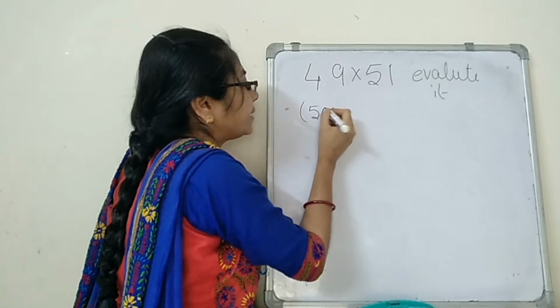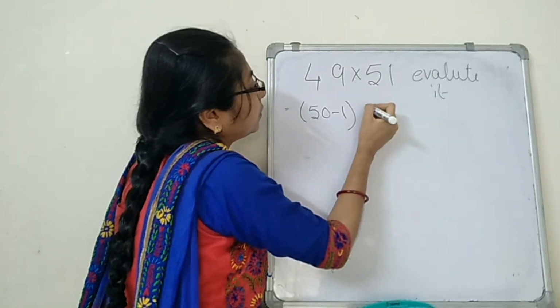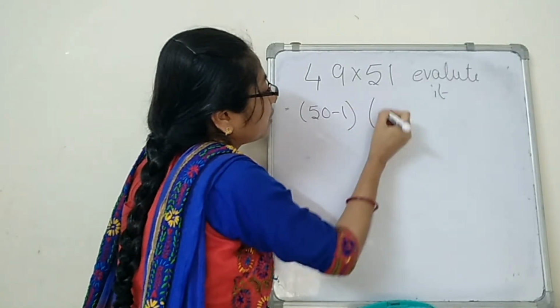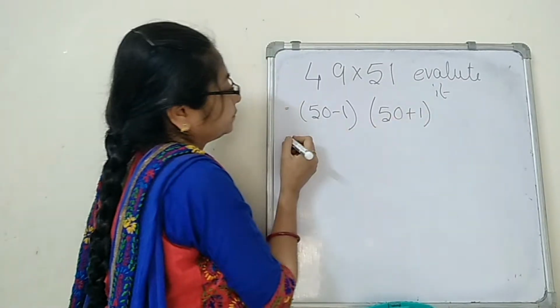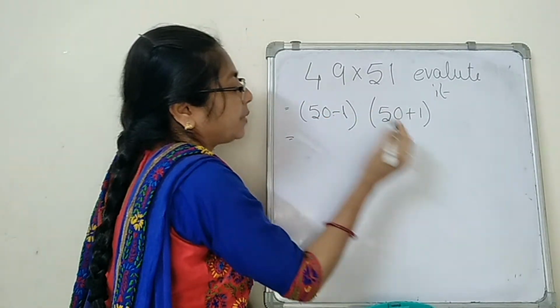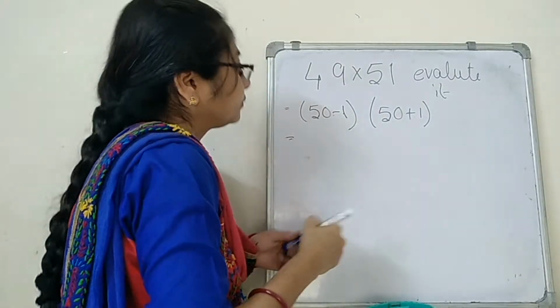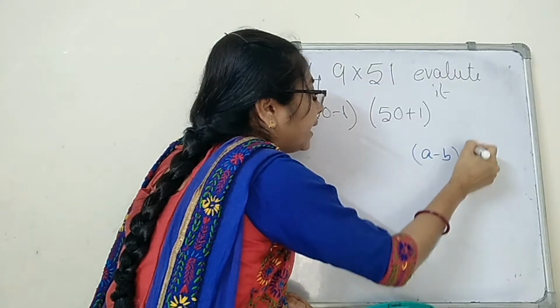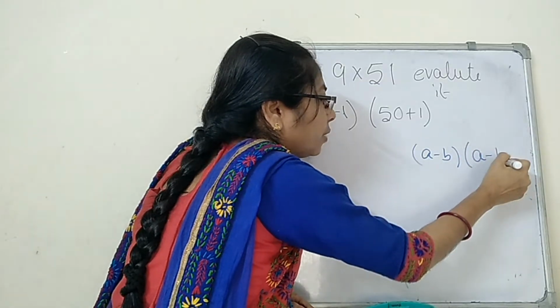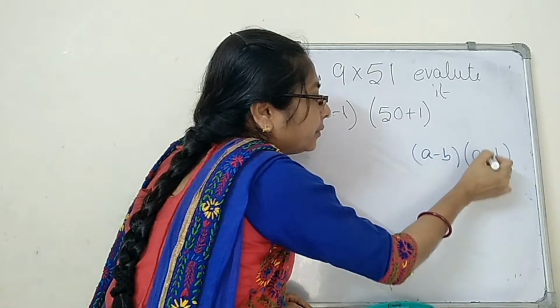50 minus 1. 50 plus 1. A minus B. A plus B. What is the formula?